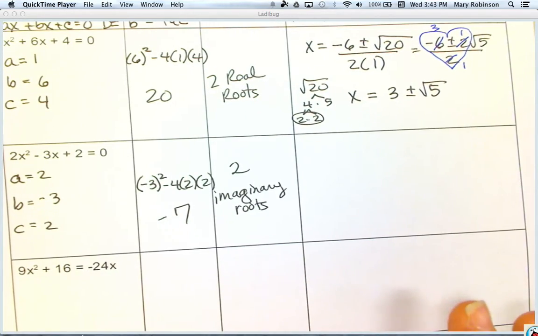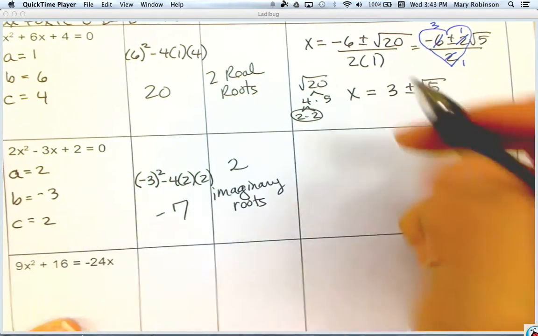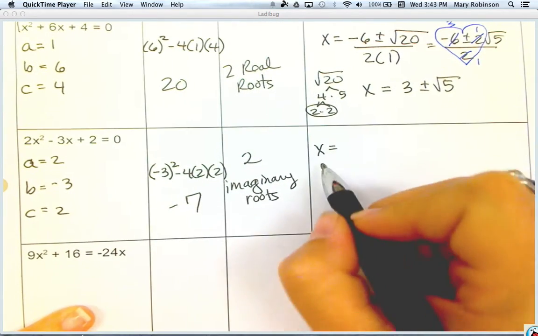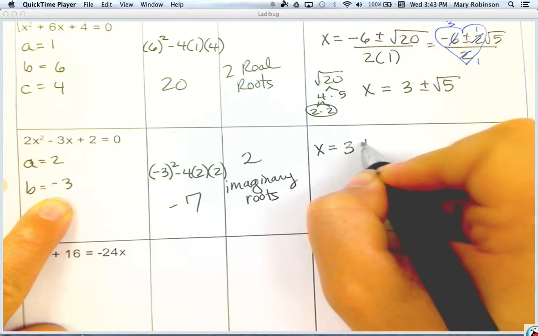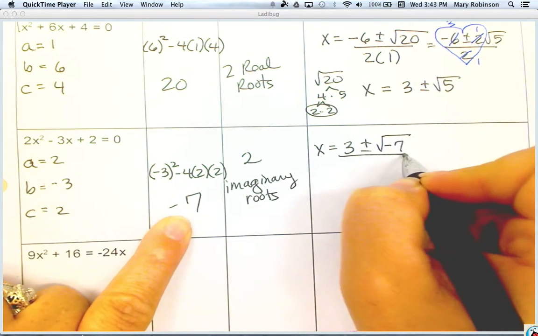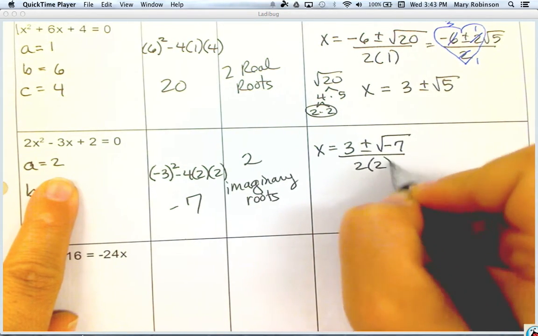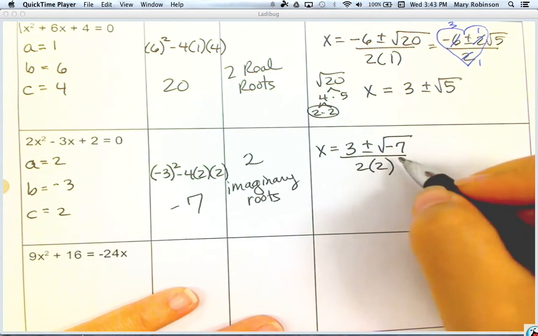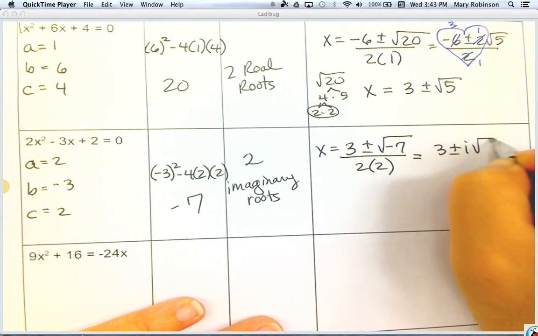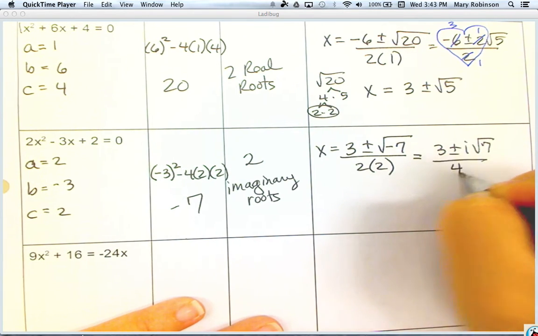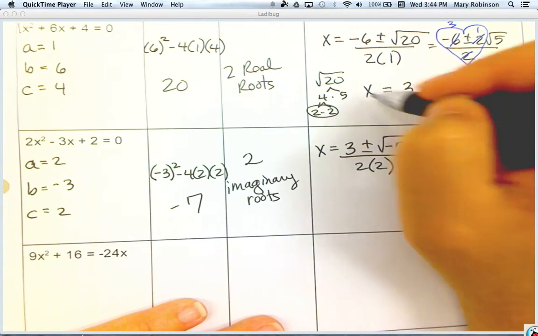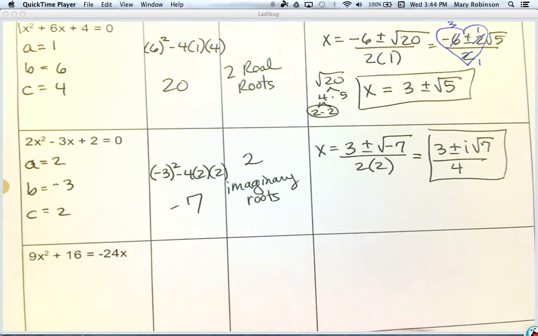That should make sense, because as we go to solve this thing using our quadratic formula, and we have x equals the opposite of b plus or minus the square root of our discriminant all over 2 times a, then we should go, oh yeah, we've got the square root of a negative, which means we'll have i. And at this point, we're done. This is our answer. Okay?